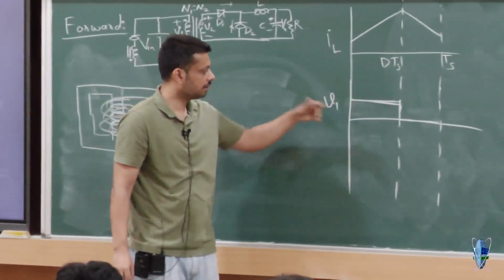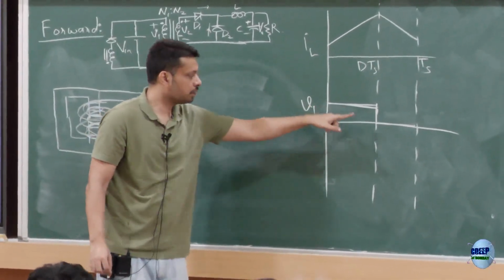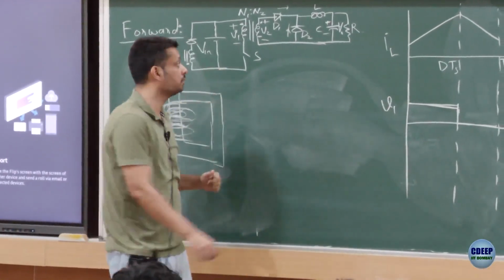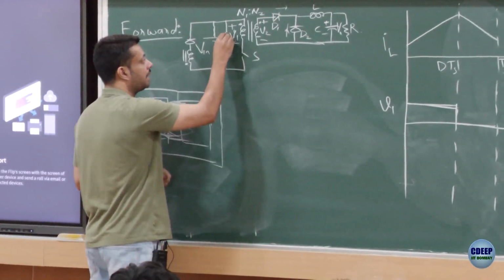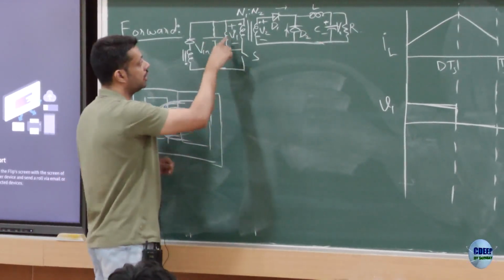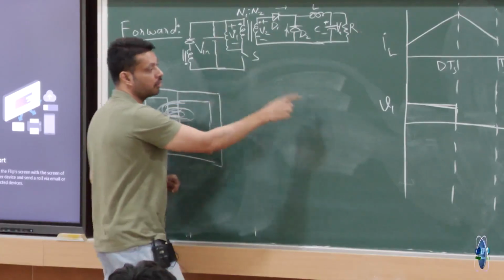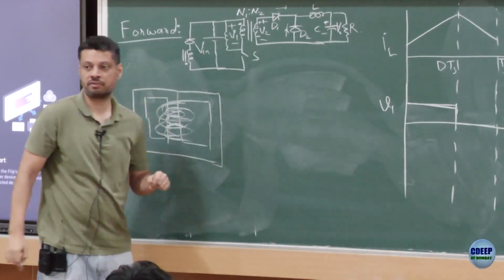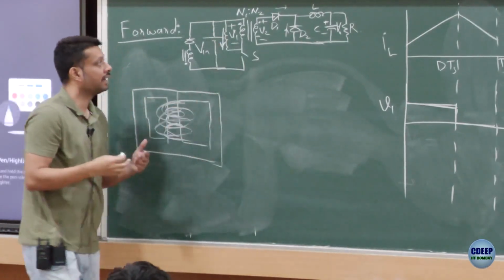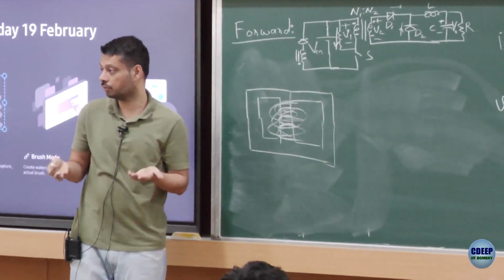Okay, first of all, let me come back here. One way to argue is that V1 cannot be always positive. The other way to argue is, in reality you will have a magnetizing inductance, right? And when the switch is on, this magnetizing inductance will see a positive voltage. When the switch is off, this current which is flowing like this would require a path to continue to flow.